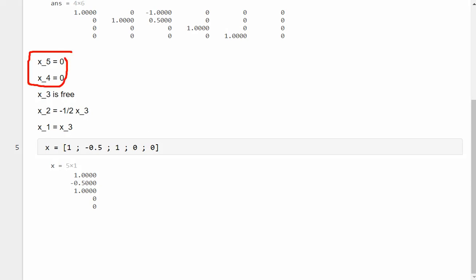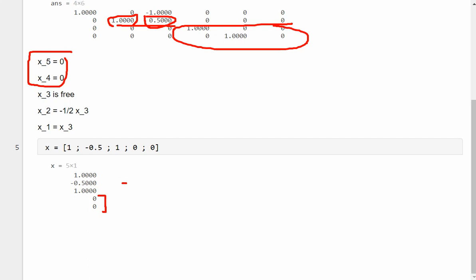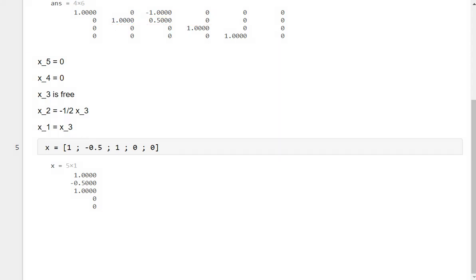So x sub 4 and x sub 5 have to be 0 because of this, and that's correct right there. And because of this, x sub 2 has to be equal to minus 1/2 x sub 3, which is going to happen right there. And of course, x sub 1 and x sub 3 will be the same, so they'll both be 1s.